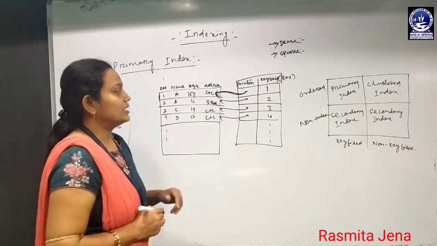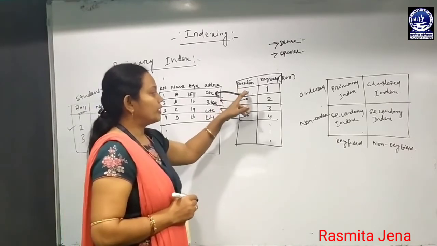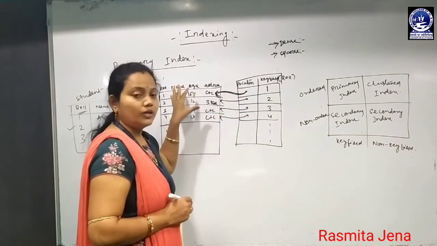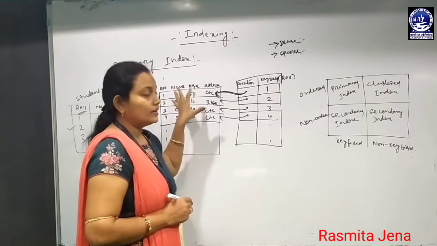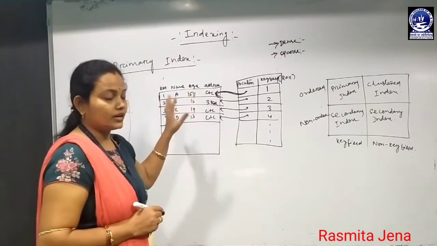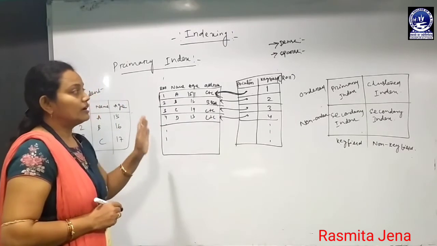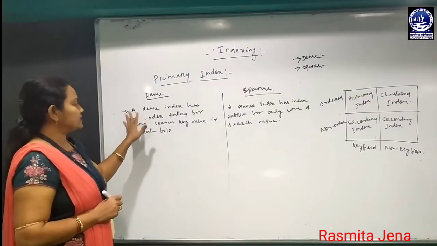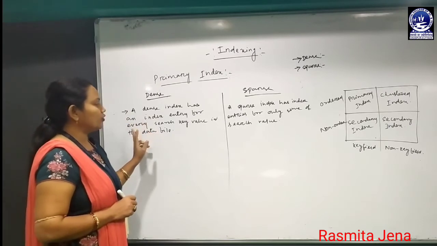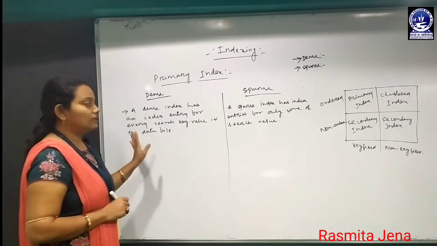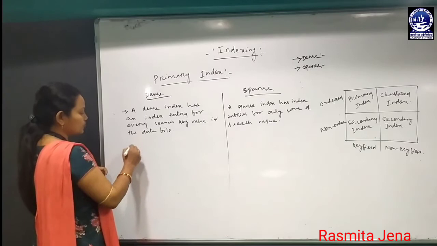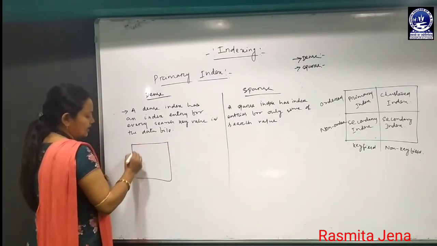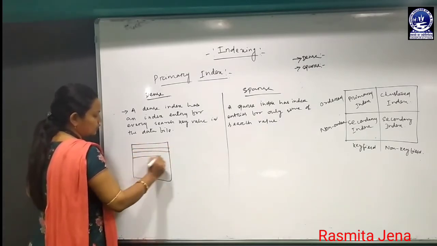In sparse index, we can take one pointer for a number of records. Then how will it be executed? Let us see the difference between dense and sparse. A dense index has an index entry for every search key value in the data file. Suppose we have the hard disk, and in the hard disk the records are stored block-wise.